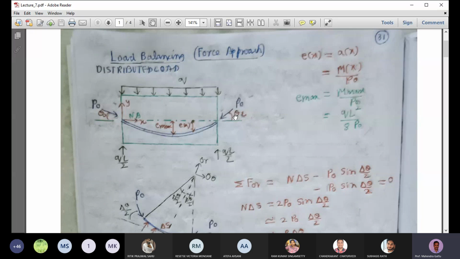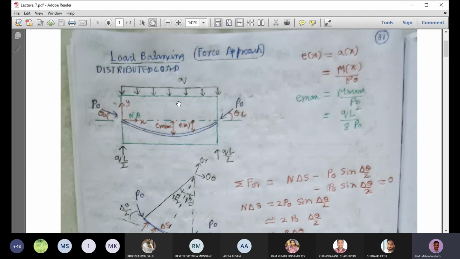Because it's a symmetric loading, theta 0 and theta L are equal. The eccentricity is given as e(x), and the maximum eccentricity will occur at the center span, given as e max. We have denoted the coordinate system here, x-axis along the neutral axis and y-axis in the vertically upward direction.